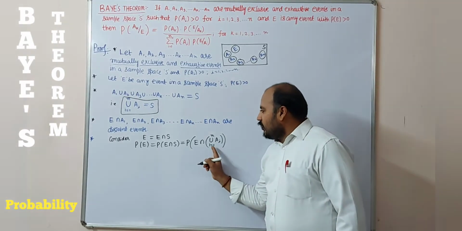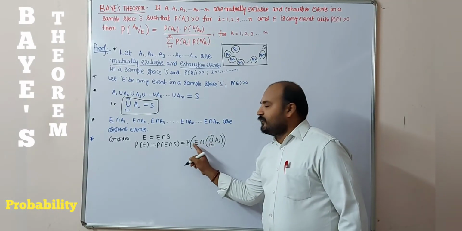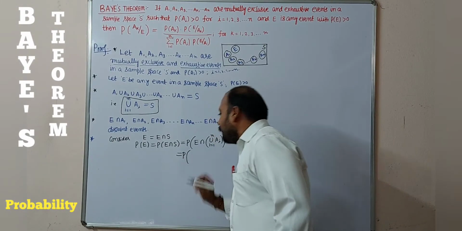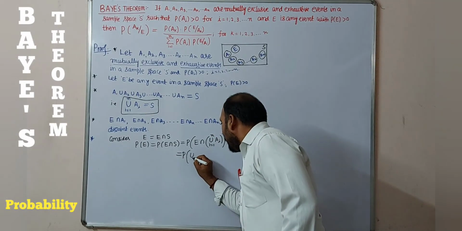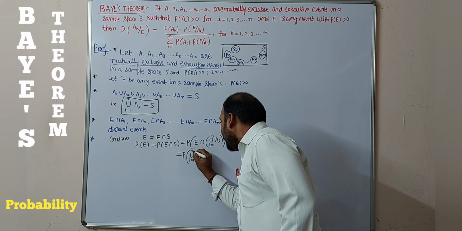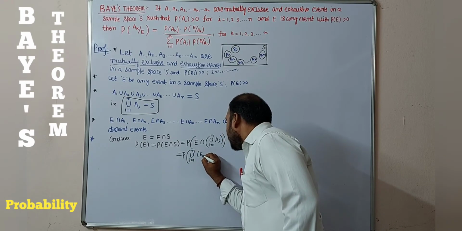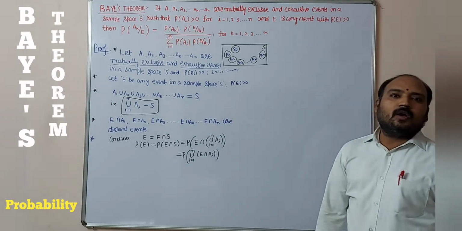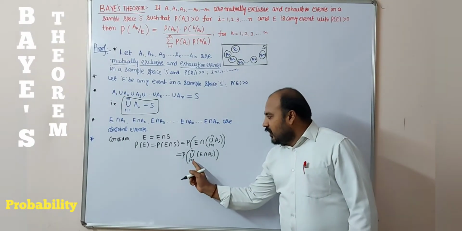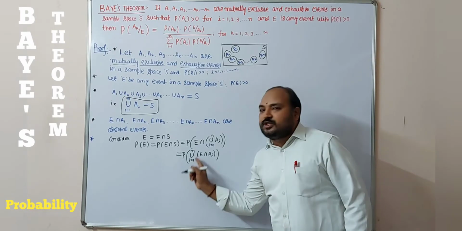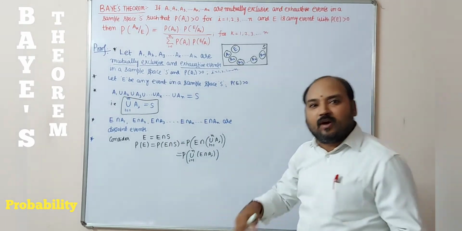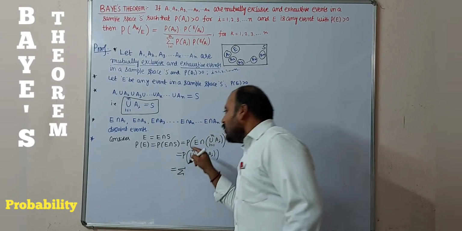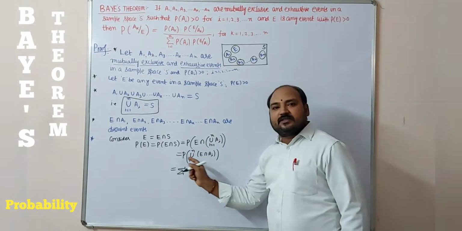This union, if you interchange, is equal to, in the probability function, P of union I is equal to 1 to n, E intersection AI. If you are taking out from the probability function, this union will become summation or sigma, one of the properties of probability as well as set theory.